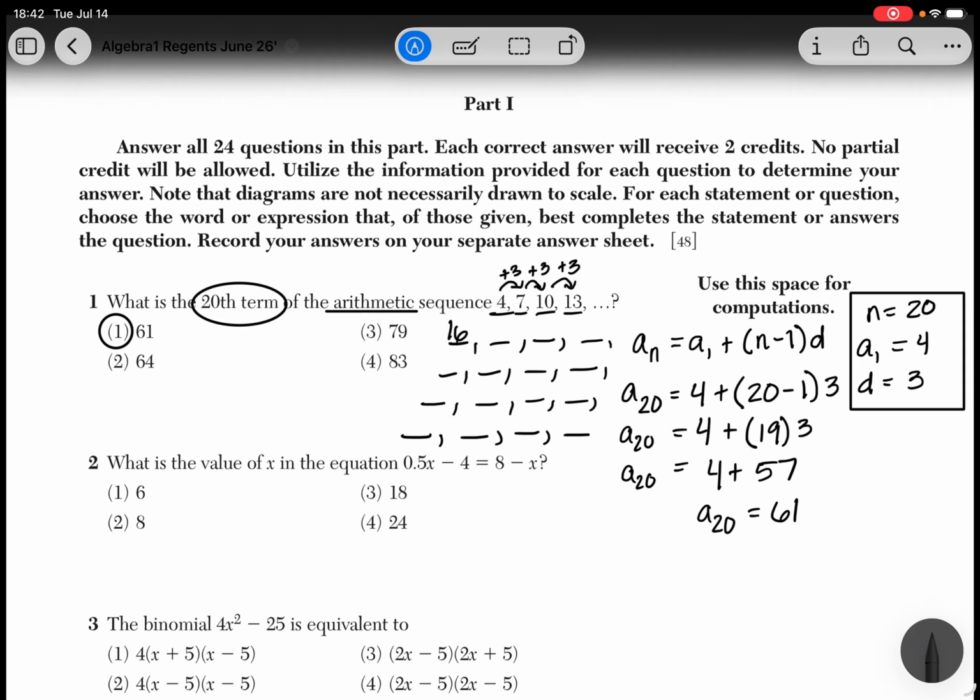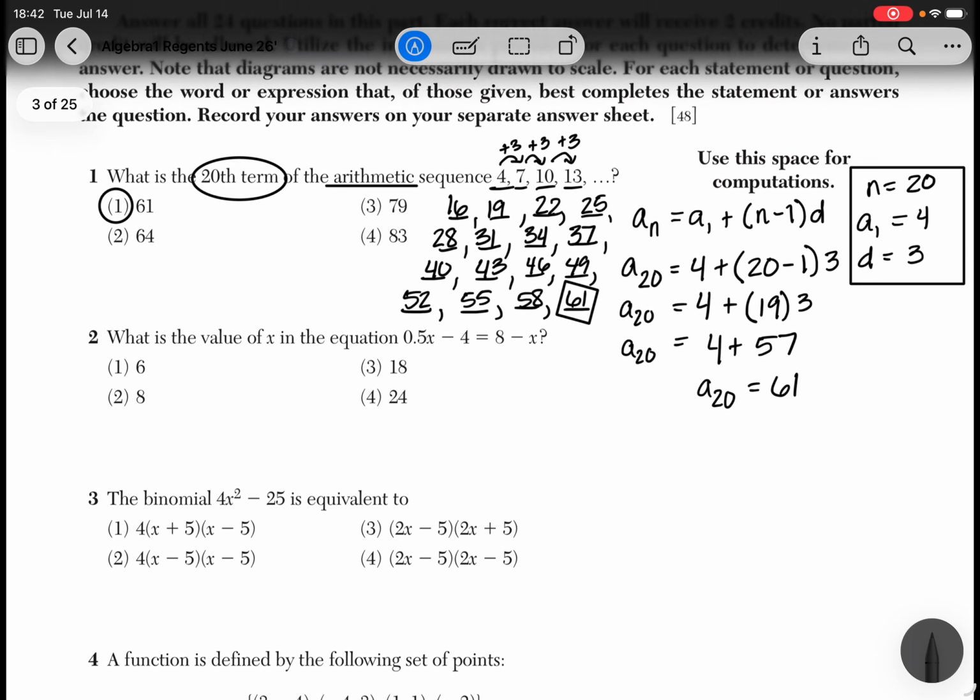So then 16 plus 3 is 19, 19 plus 3 is 22, 22 plus 3 is 25, 25 plus 3 is 28, 28 plus 3 is 31, 34, 37, 40, 43, 46, 49, 52, 55, 58, 61, which gets us our 20th term.